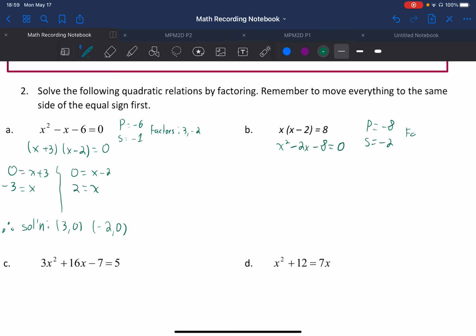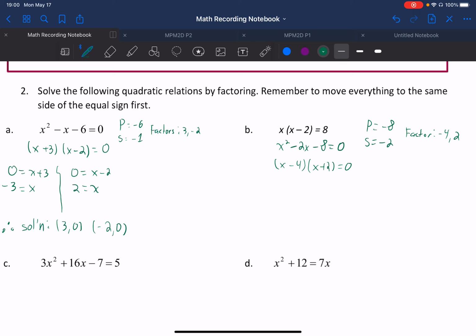So our factors for this are going to be negative 4 and 2. Negative 4 and 2 multiply out to negative 8, and negative 4 plus 2 gives us negative 2. So what we're going to do is now factor this out. We get x minus 4, x plus 2 equals 0.